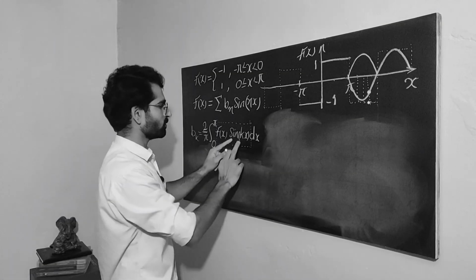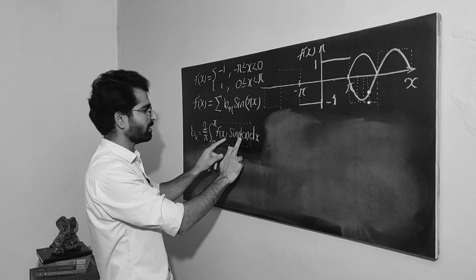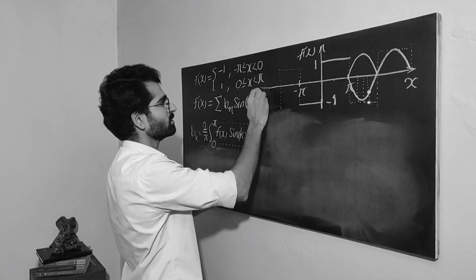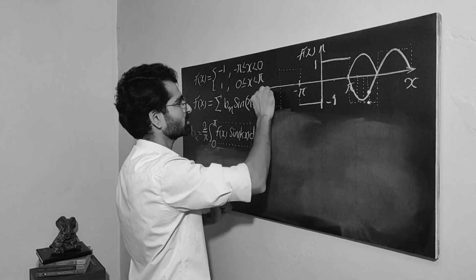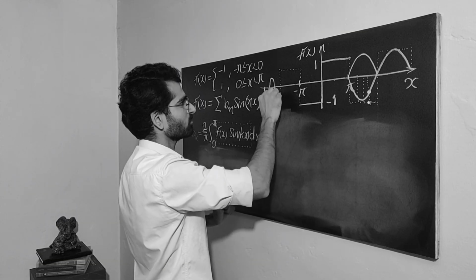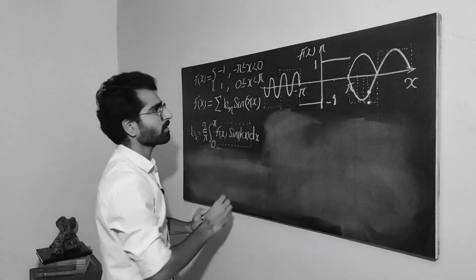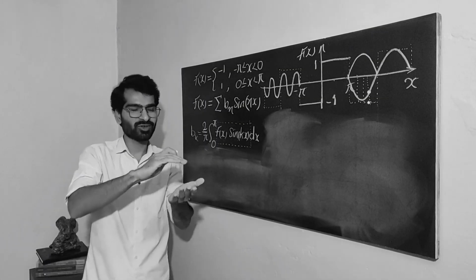And you can also do it for sine of 3x when you put k equals 3 and when you multiply it with the function. And so let me do it here, and it will be very hard to make actually. So this is a sine of 3x, something like that. And you have noticed I have made these amplitudes a little shorter.